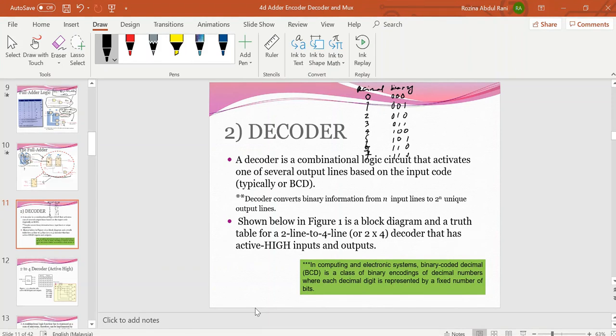So this is what we call BCD, binary coded decimal, because this binary number is equal to this decimal number.